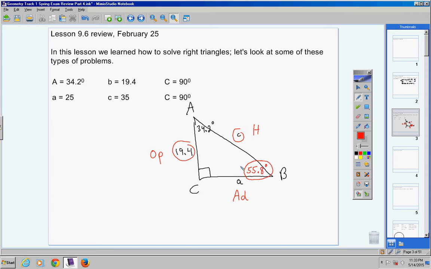You don't know two sides. Choose now which side you want to solve for. I'm going to solve for c. So I'm solving for c. That's hypotenuse. So I have to have my other side be a known side. That's my opposite. So I'm going to use a trig function that uses hypotenuse and opposite. So my trig function has to be sine, because sine is opposite over hypotenuse. Okay? Now, what angle did I circle? 55.